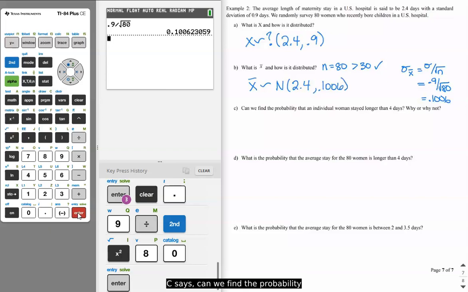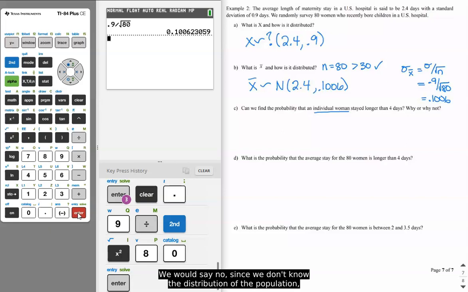So C says, can we find the probability that an individual woman stayed longer than 4 days? Why or why not? So we're looking at an individual woman. Now, an individual woman would be the distribution for part A, and we don't know if it's normal or not. So we can't really apply anything that we've learned thus far.